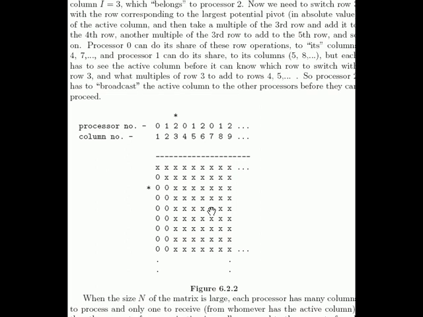And remember, the total amount of work is going to be 1/3 n cubed multiplications for large n, no matter how you distribute the work. The total amount of work is the same, so you're going to get through faster if you distribute it evenly among the processors, and that's what happens if you distribute them cyclically, because at any point, no matter where the active column is, for a large matrix all the processors have about the same number of columns left to work on.